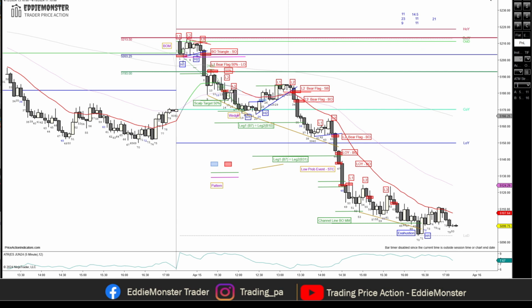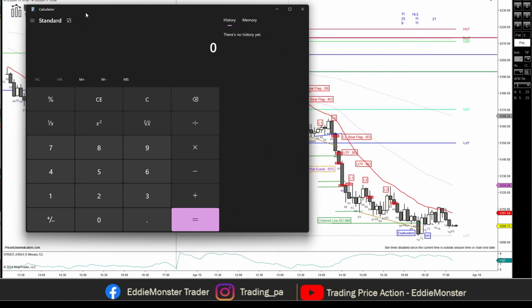So if we sum all of that with a good long too, we were able to take 11 plus 11 plus 11 plus 23 plus 9 plus 14.5 plus 22. 100 points, 100.5, right?